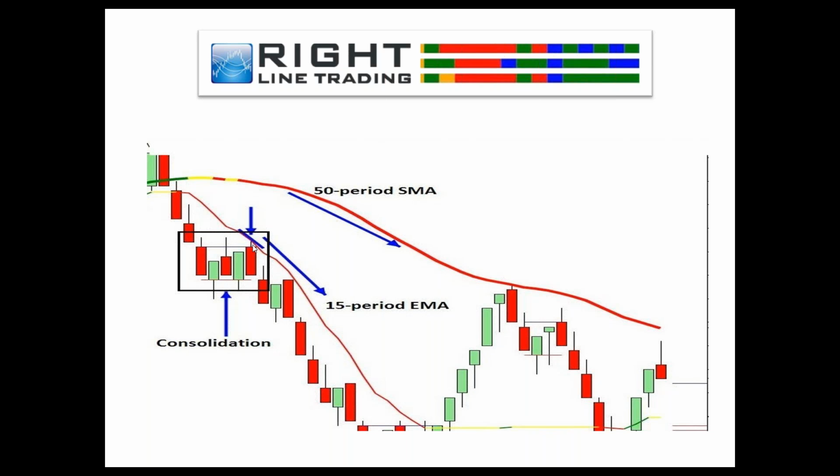Because what happens in consolidation is that you trap traders in the direction of the trend, which is all the traders short. But it captures, and these are the commercial traders like us. Institutional traders do not create these two counter trend candles. And this is why so many small commercial traders like us fail.